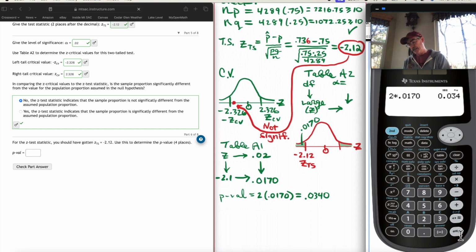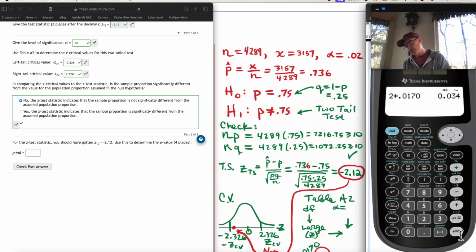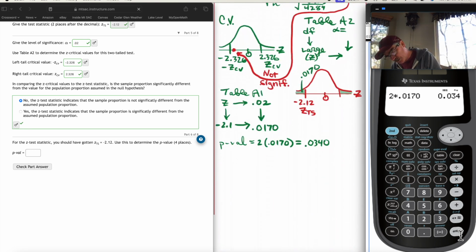Okay, and remember the alpha was 0.02, so this is bigger than 0.02, which is our alpha. And now I want to remind you, when we compare these, you only need to look at the first 2 digits. So I like to obscure the second 2 digits like that maybe. And so we're just seeing the 0.03 bigger than or equal. Technically the rule is greater than or equal here.